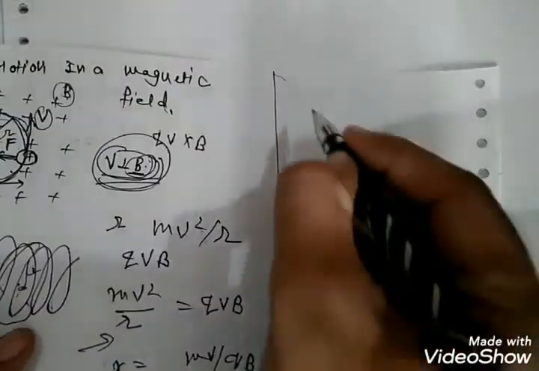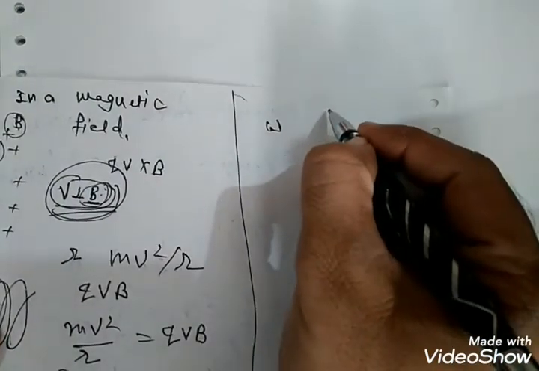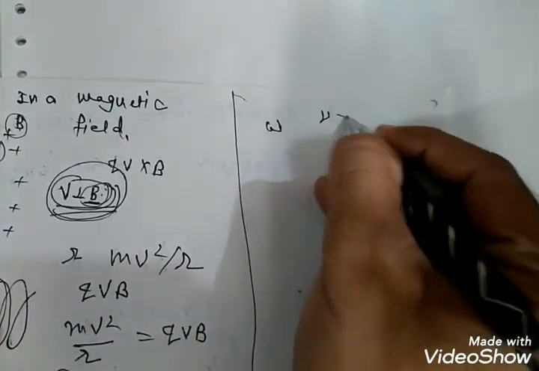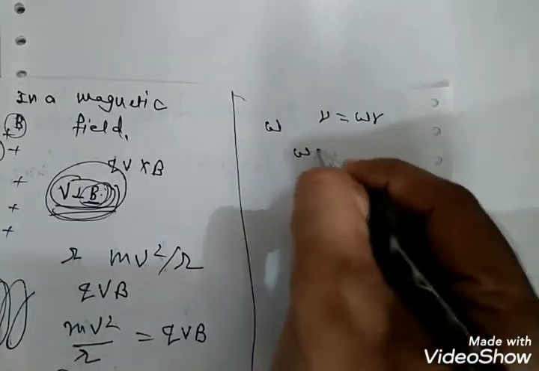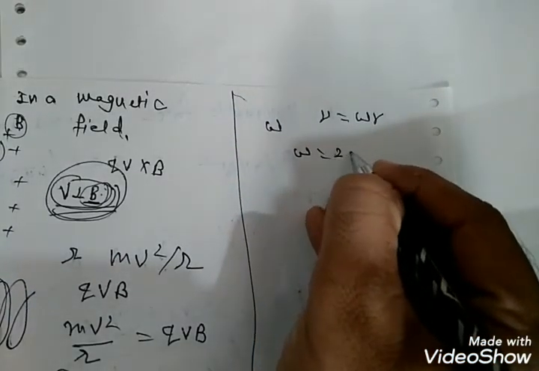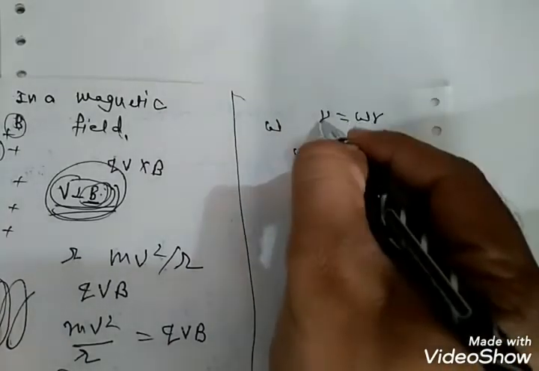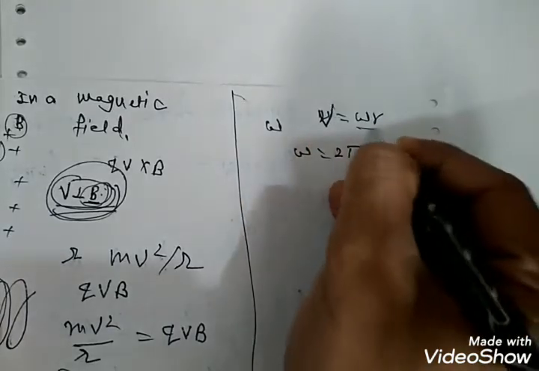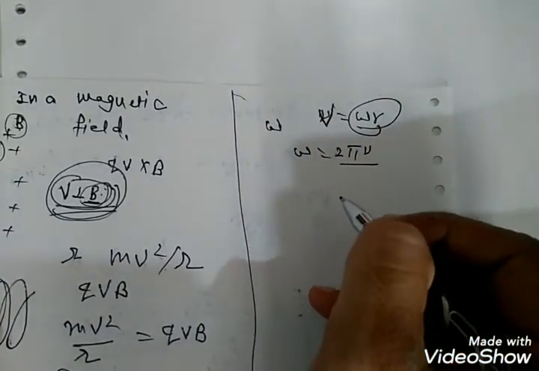If omega is the angular frequency, then v is equal to omega r, and omega is equal to 2 pi nu.